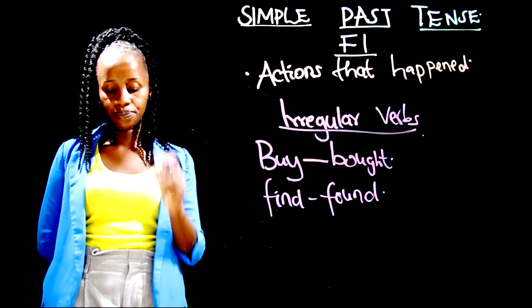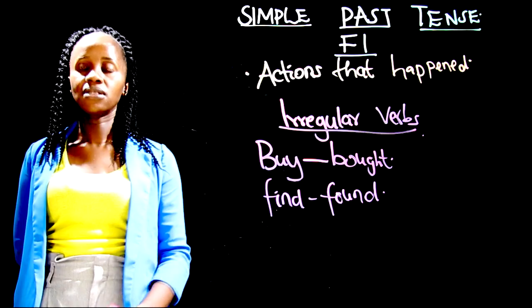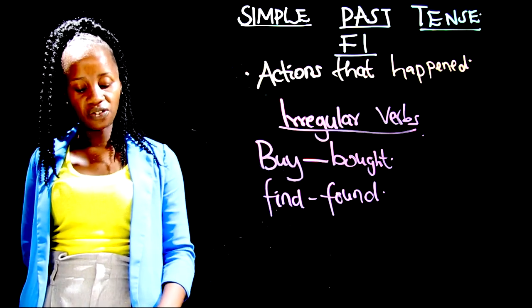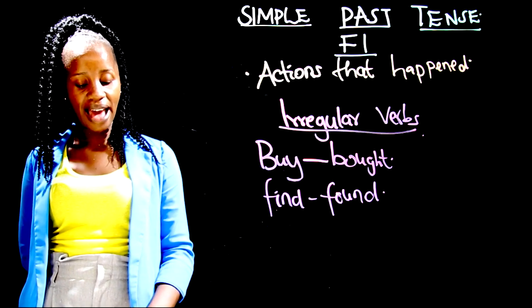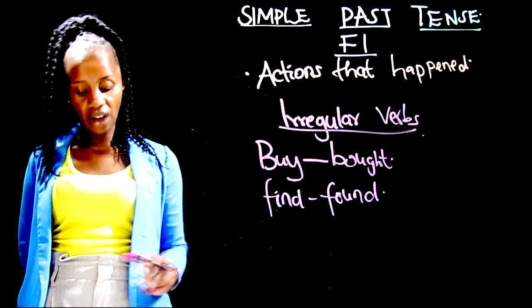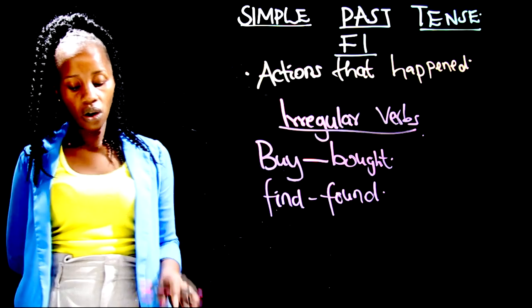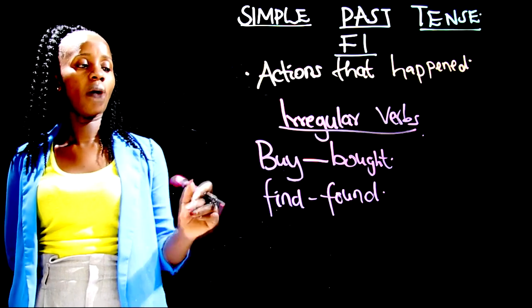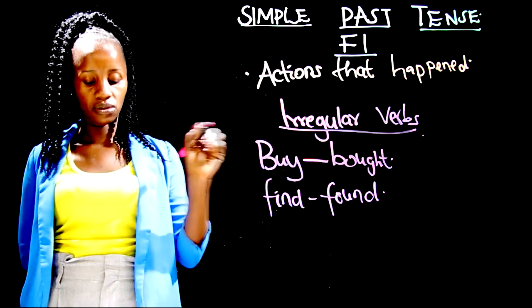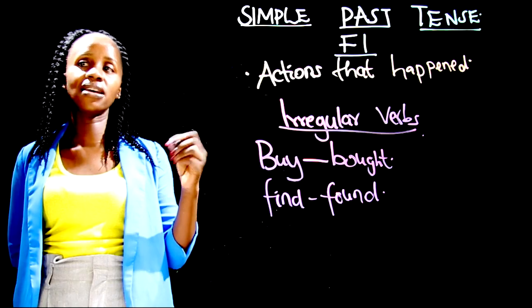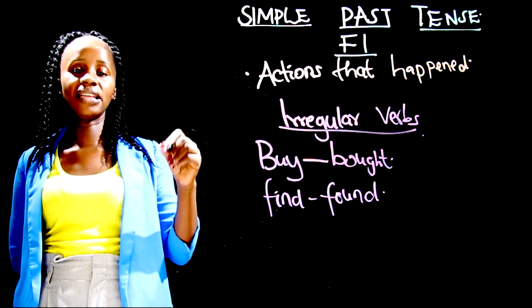So my dear one, something to note: not all verbs that end with Y do we add the ied, like cry, where you omit the Y, then you add the ied.